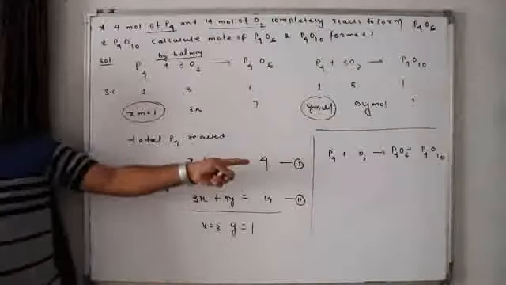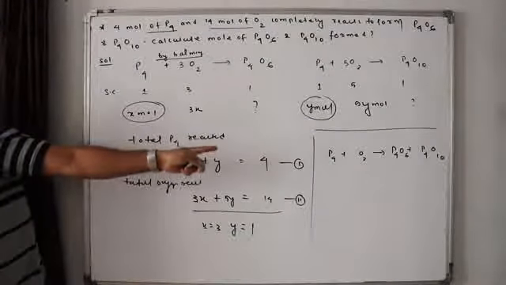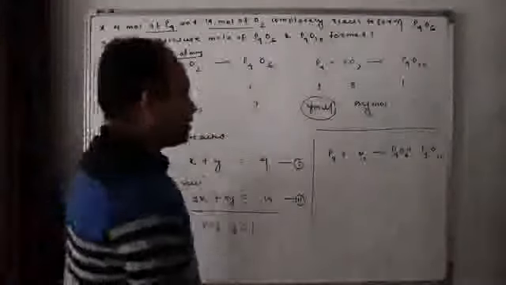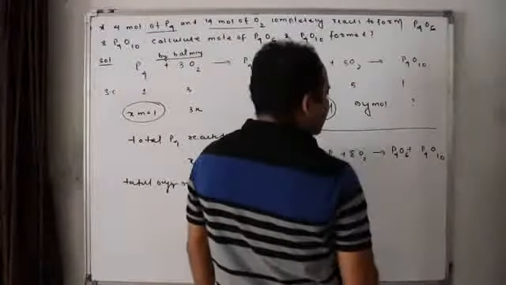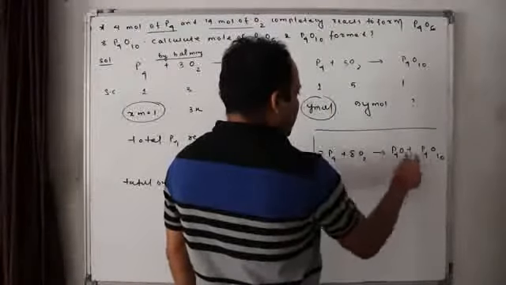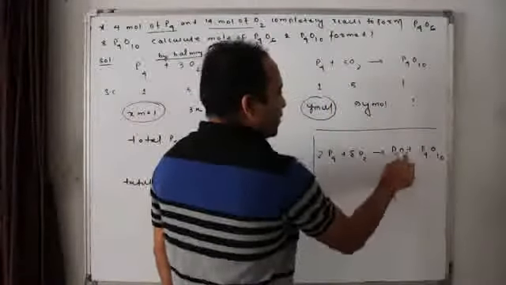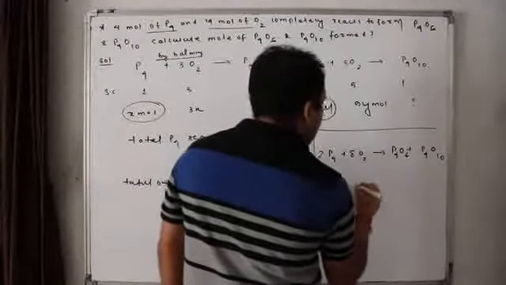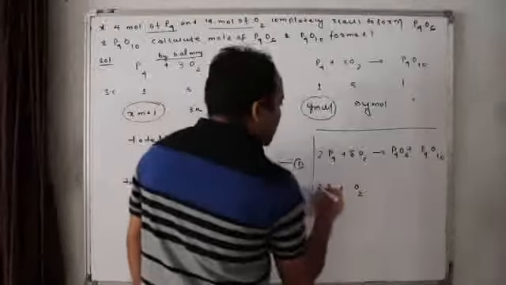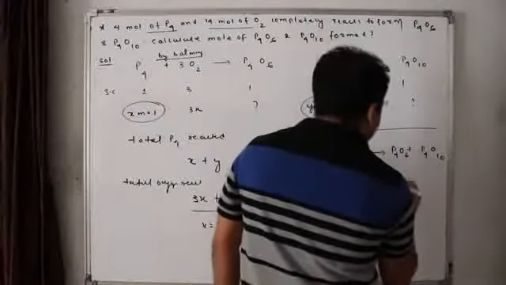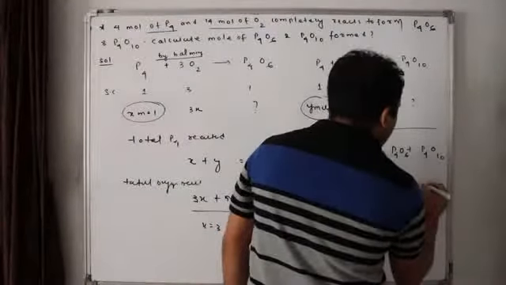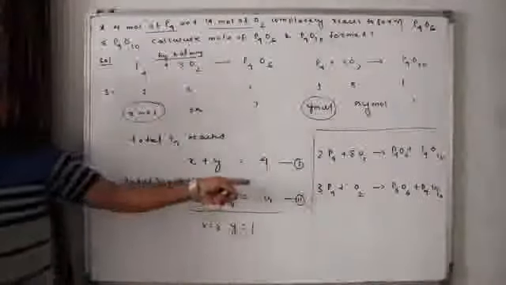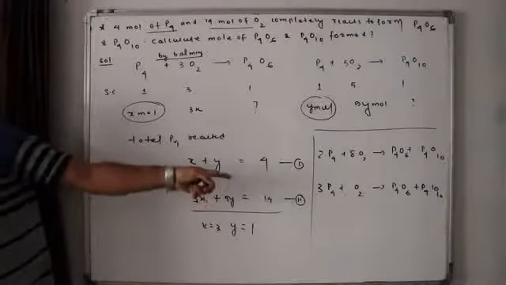And you can balance it to 8, isn't it? 8 into 2 is 16, 10 plus 6, 16. Or you can also do it like this: 3P4 plus O2 gives rise to P4O6 plus P4O10. If I change the amount of phosphorus to 3P4, then what will happen?